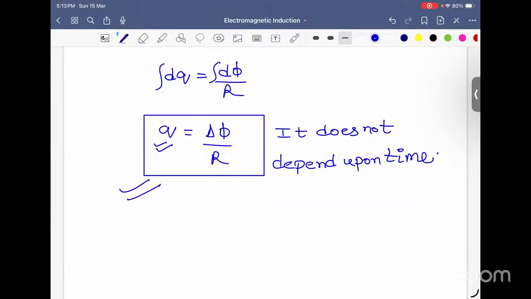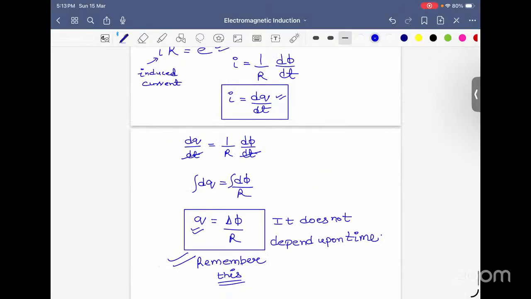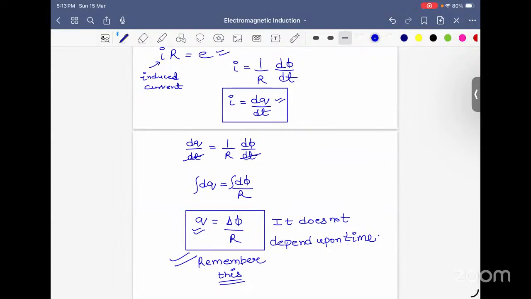Remember this, this formula is very important. Please note it down. Whenever you need to find induced charge, you'll use this formula.